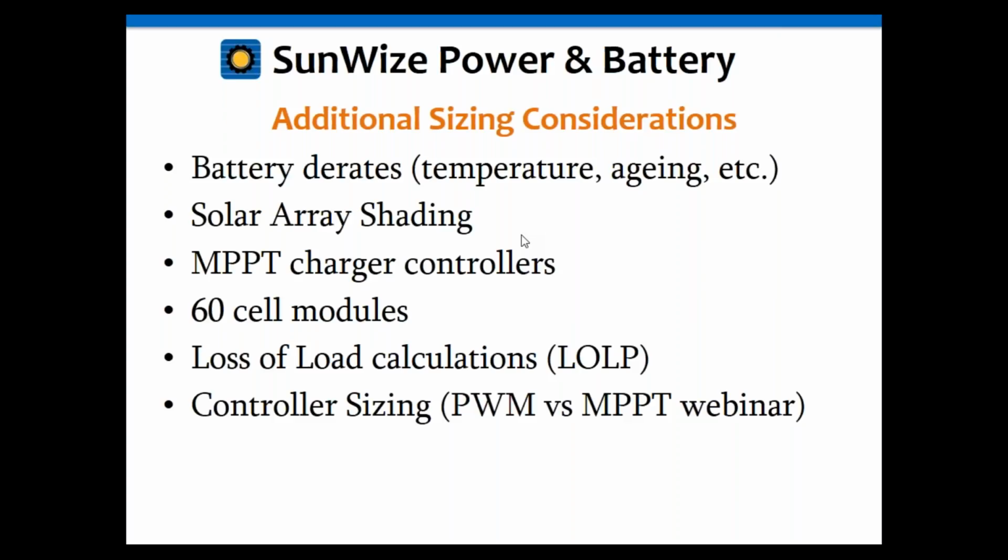Well, it depends quite a bit upon the application, the modules, the voltage, and the maximum power point tracker being used. Certain maximum power point trackers can try to extract more energy out of it.